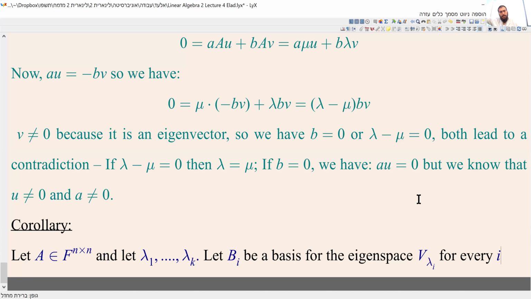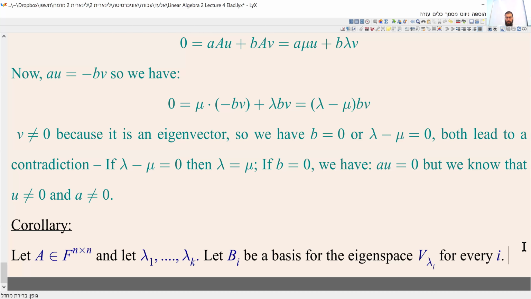So every eigenvalue has its own eigenspace containing its eigenvectors and 0 for it to be a space. And I denote Bi some basis of every eigenspace. B1 is the basis of the first eigenspace V lambda 1, etc.